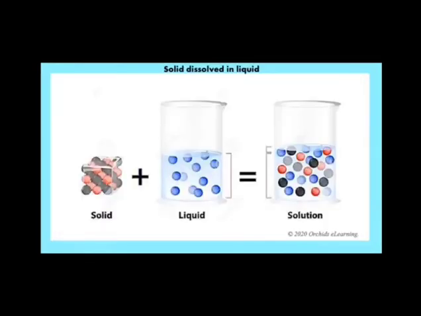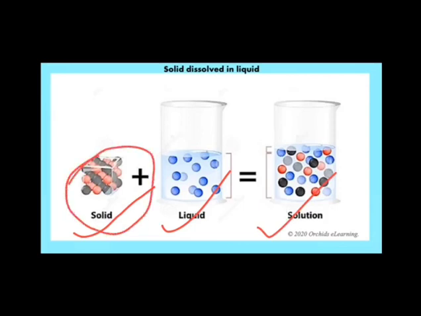Whenever we dissolve a solid substance in a liquid, we get a solution, but the condition is that the solid substance should be soluble in water. If we have a soluble solid substance, only then we get a solution. But if we have an insoluble solid substance, we do not get a solution.